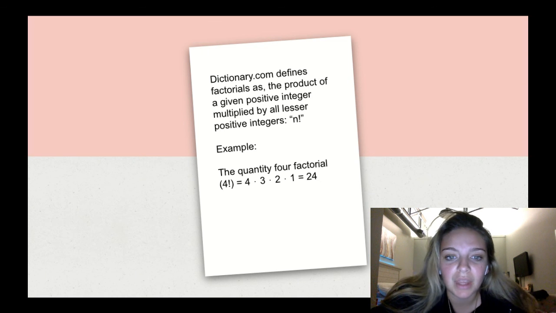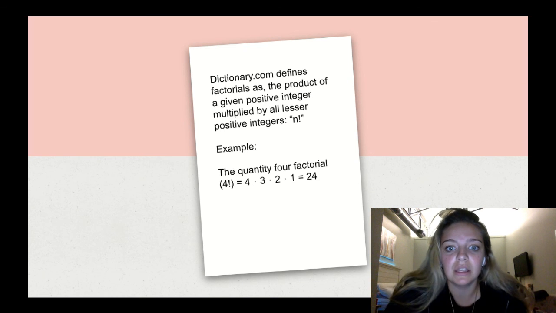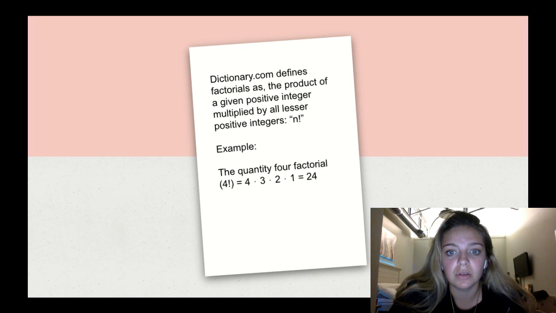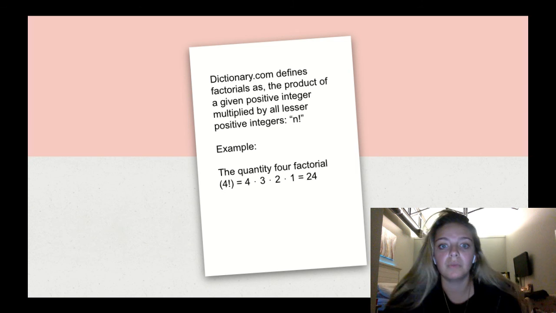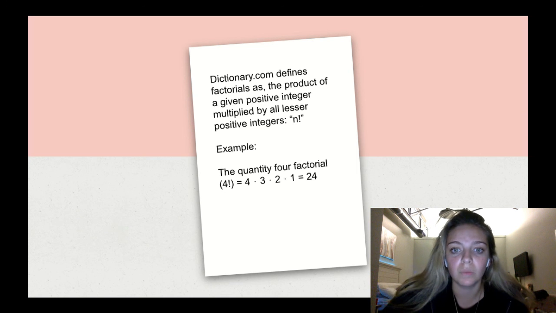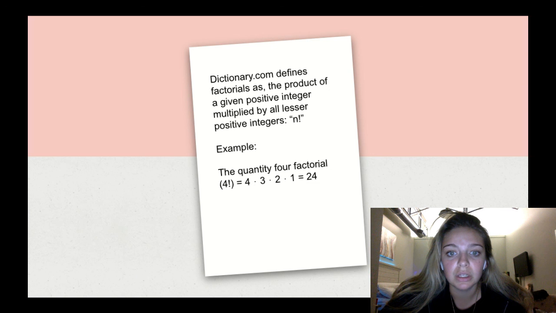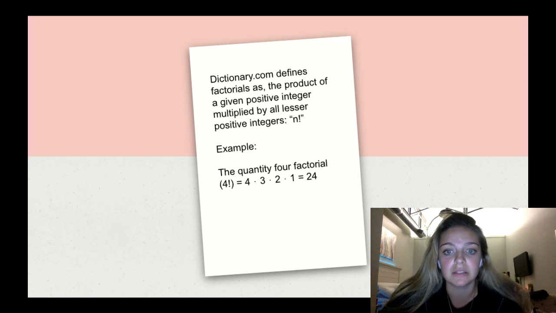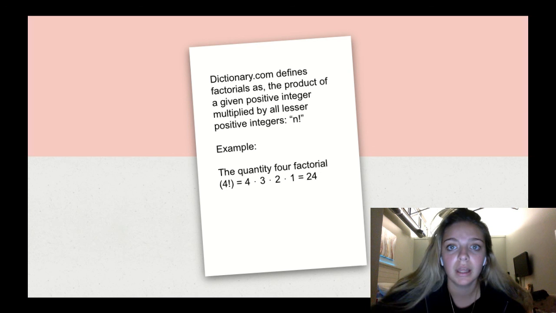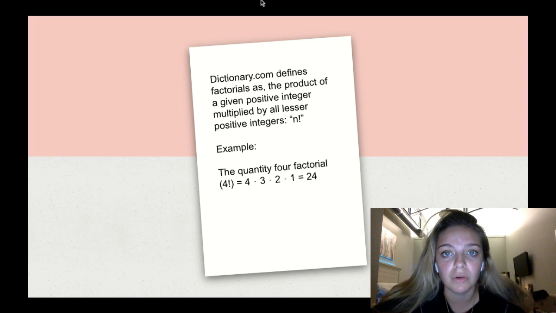Just like the n, we are replacing that with the 4, and we are counting to 4: 1, 2, 3, and 4 multiplied by each other, and that gives us the answer 24. And that is the factorial for the number 4.